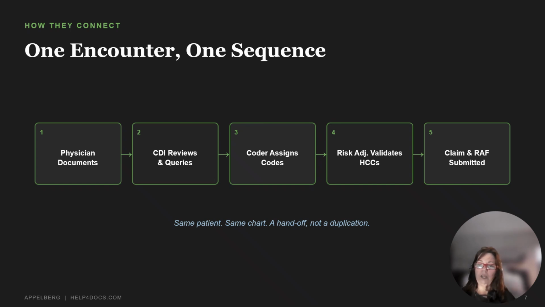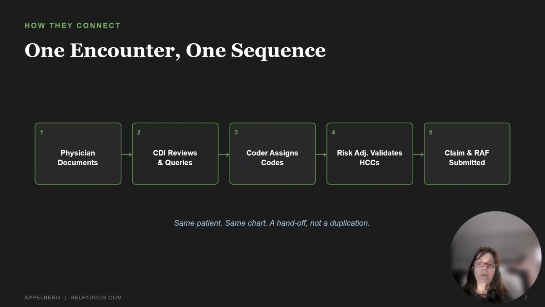If the patient has chronic conditions relevant to risk adjustment, and especially if they're covered under Medicare Advantage or another risk-adjusted plan, those same diagnosis codes also feed into the HCC risk adjustment model. Risk adjustment teams may go back and review the same chart again.